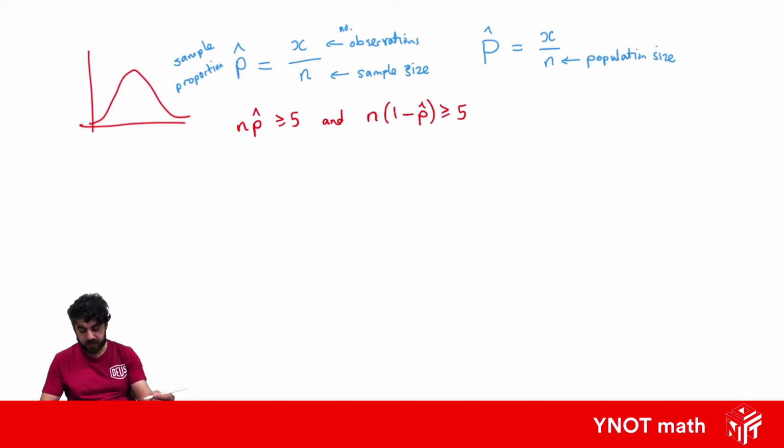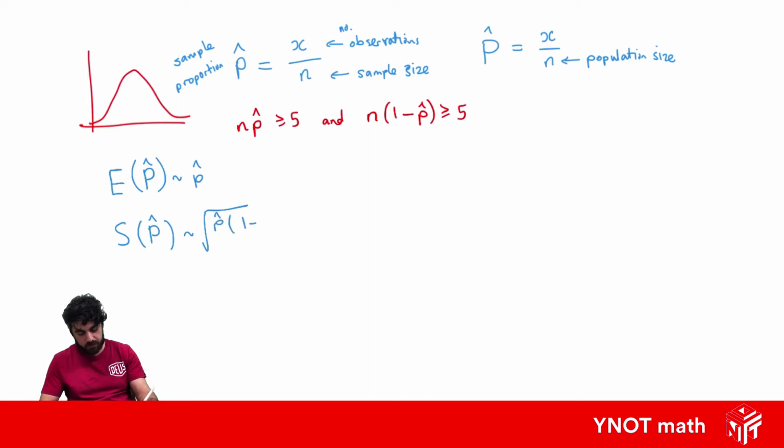And if they are, we get a couple more results saying the expected value of our population proportion will approximately equal the sample proportion. We also get the standard deviation of our population proportion will approximately equal the square root of our sample proportion times 1 minus the sample proportion over our sample size.